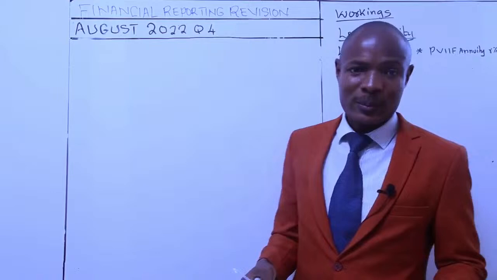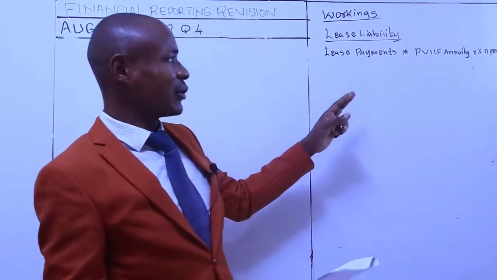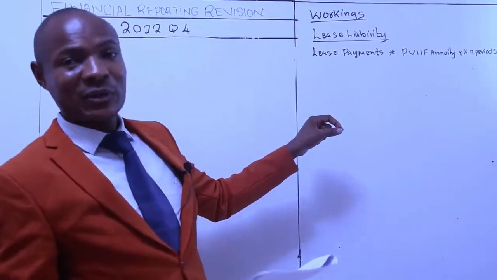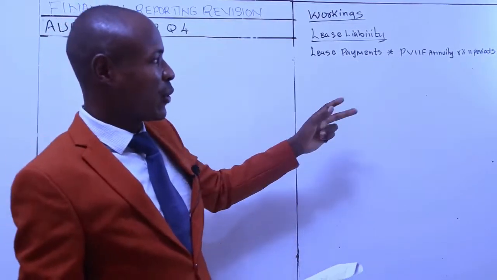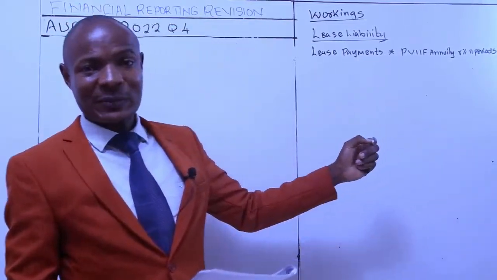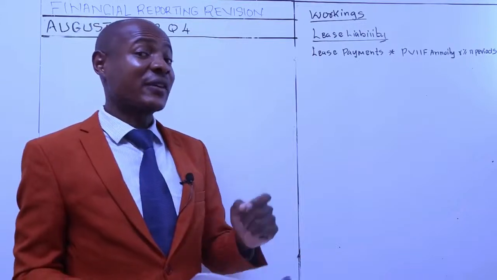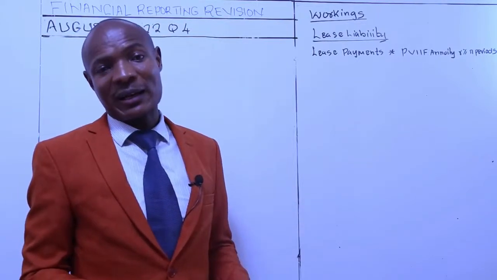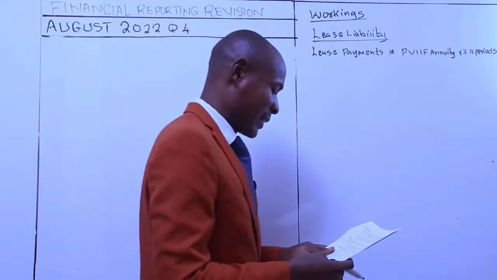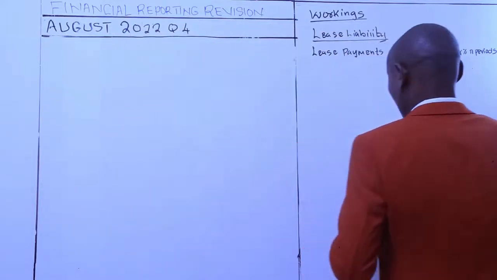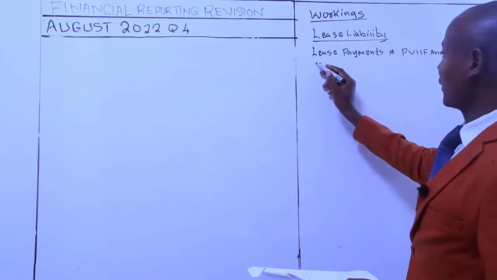That means you take the annual lease payments and discount them back to the present by using the present value of annuity. Remember, we are using the annuity because the lease payments are made at shillings 500, which is constant per annum. So we are going to use the present value interest of annuity. The annual lease payments were 500.